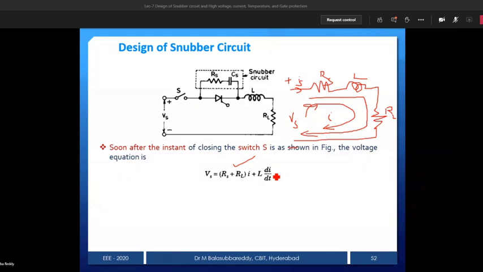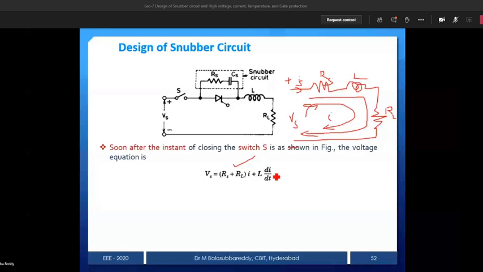From this, I want to find I. How will you get I? As per your network theory, you know the RL circuit excited by a DC supply. Then what is the current I? The expression is V equals IR plus L di by dt. What is I now?